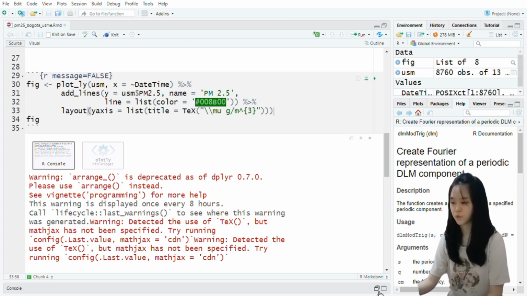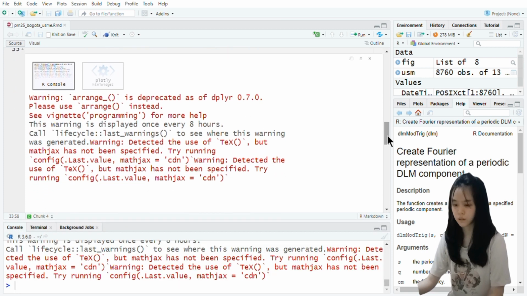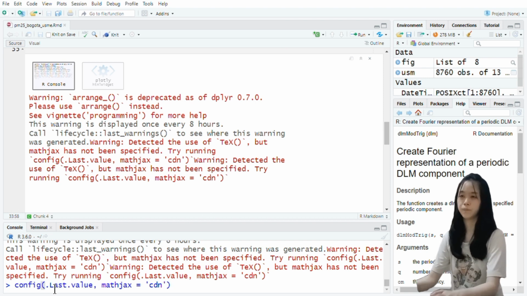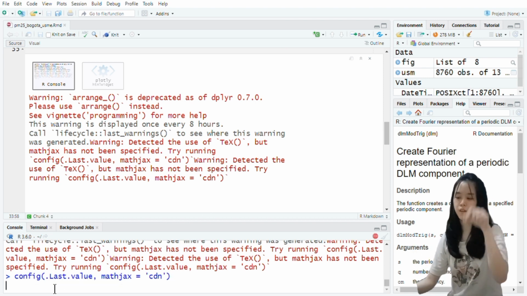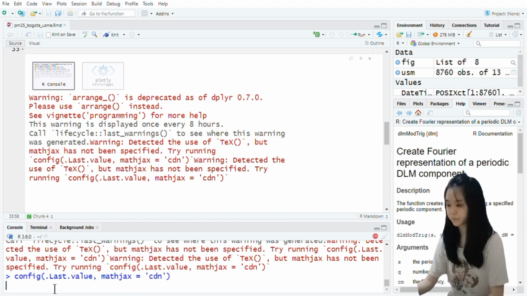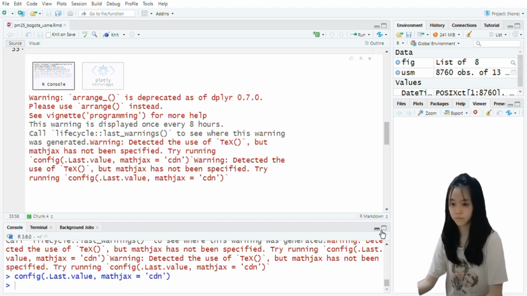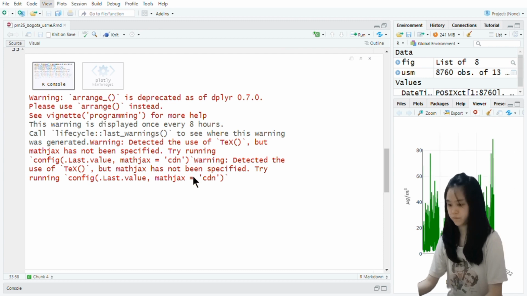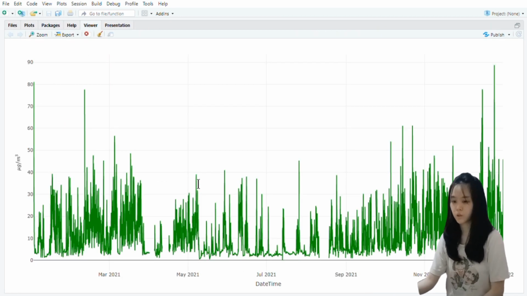You might not need this if you run it on your own machine, but I need it. It doesn't affect the plot whatsoever, it only affects the y-axis label. So here's the time plot of PM2.5. The unit is micrograms per cubic meter.